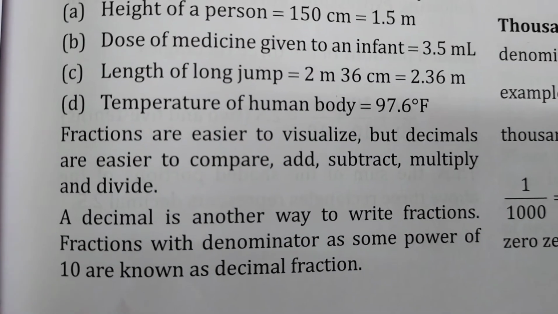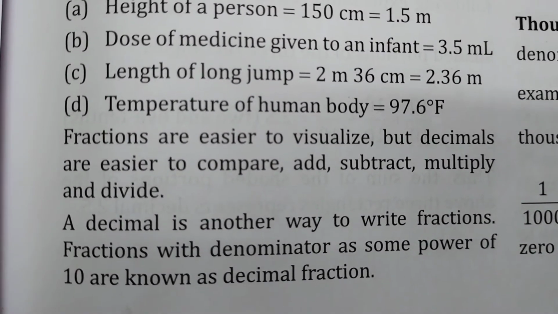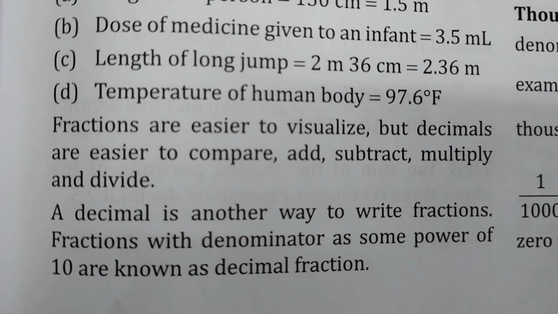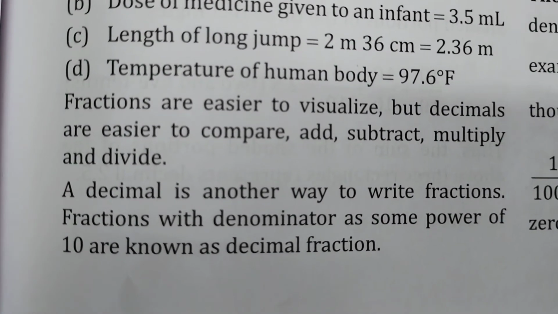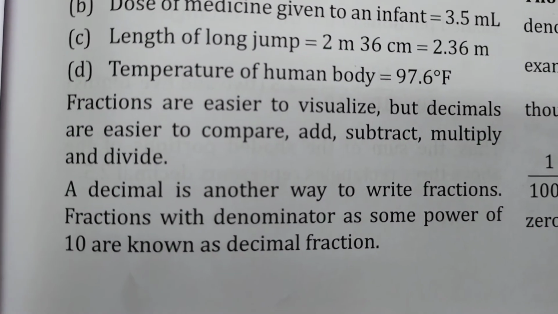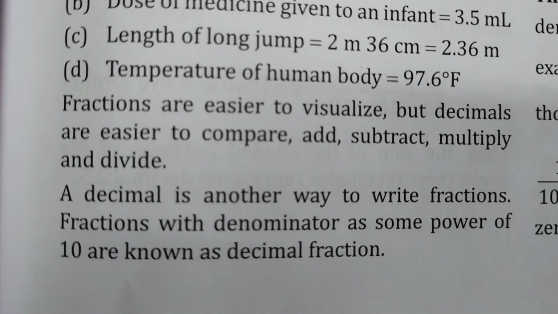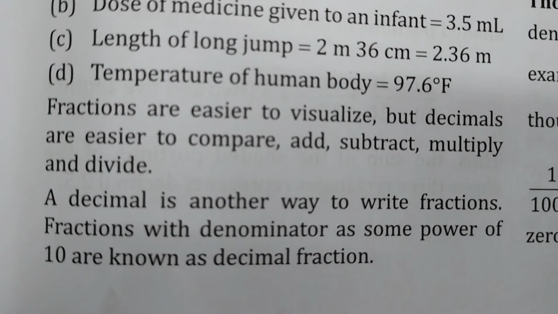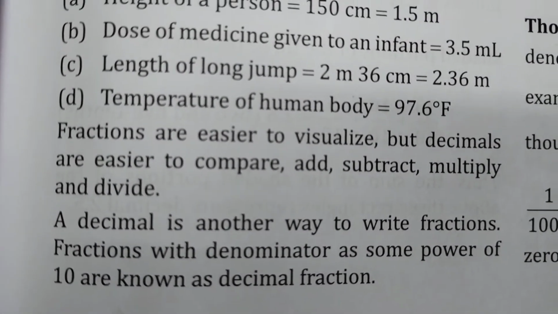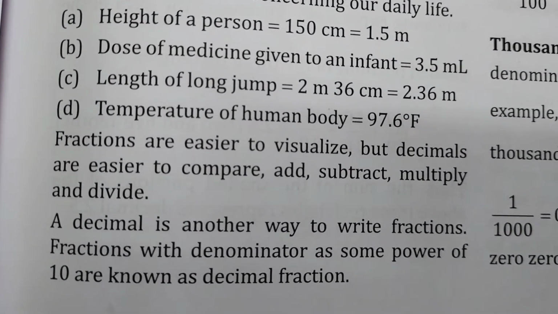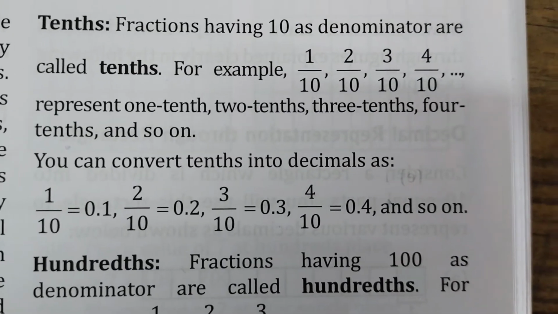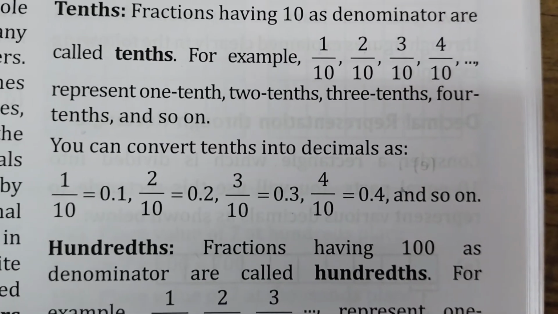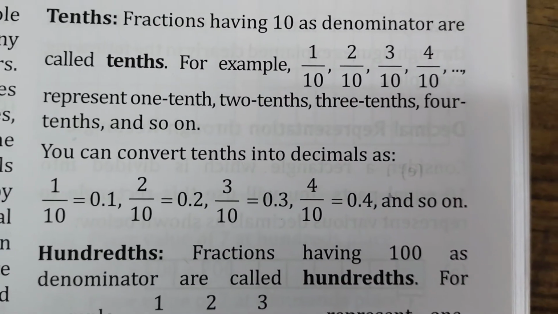Fractions are easier to visualize, but decimals are easier to compare, add, subtract, multiply or divide. A decimal is another way to write fractions. Fractions with the denominator as some power of 10 are known as decimal fractions. Fractions having 10 as denominator are called tenths.